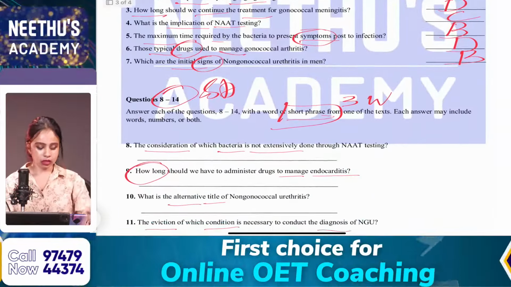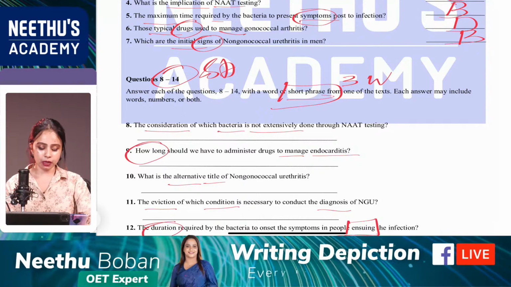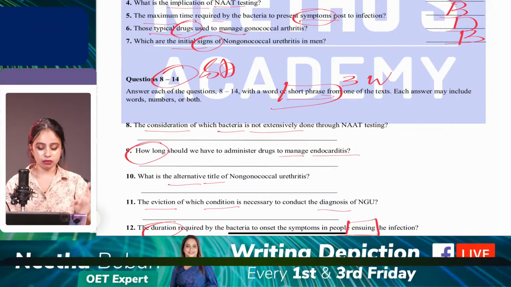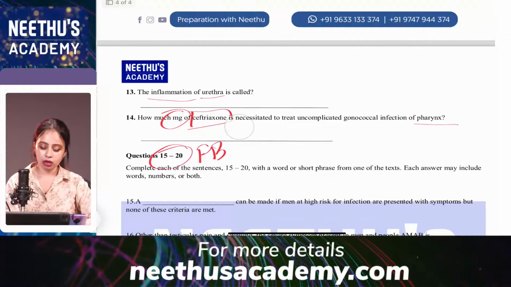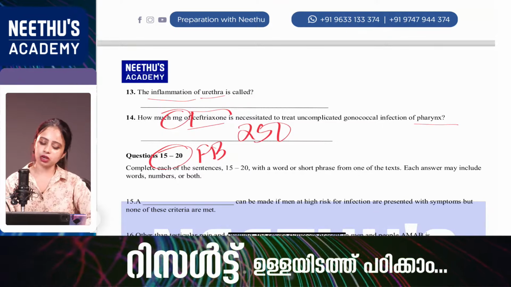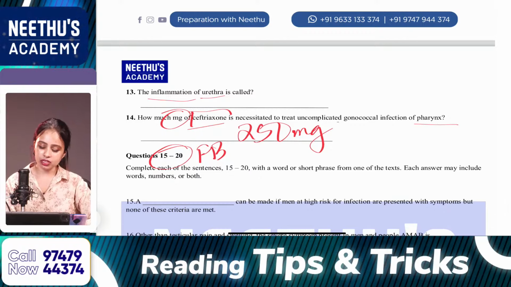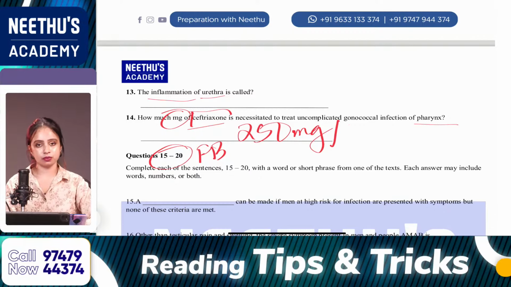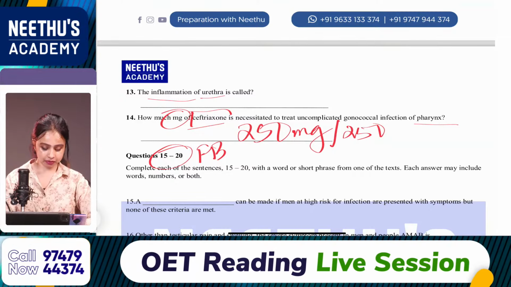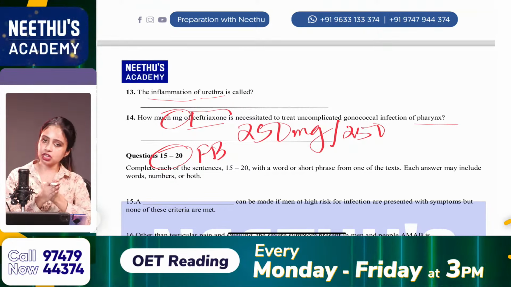Correct answers, yes. Sankita, Biju, Jinju, Reba, Anita, Nimisha, Vaishnavi, Anu, 250. Is that 250 or 250 mg? Again, confused, right?